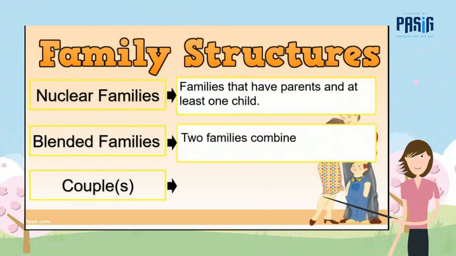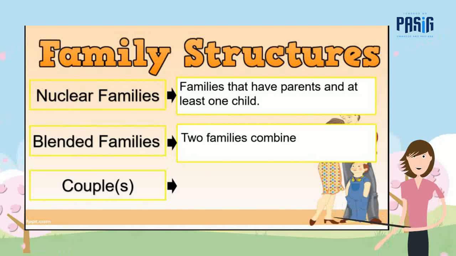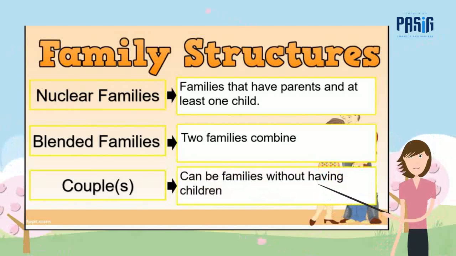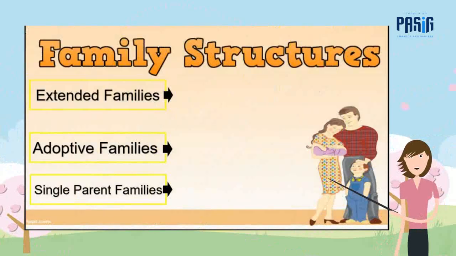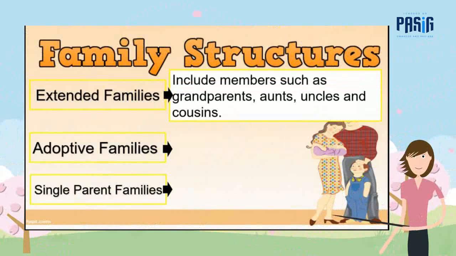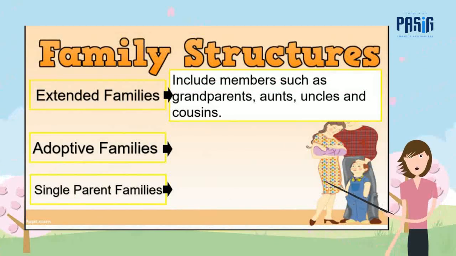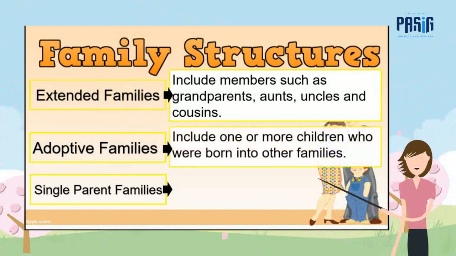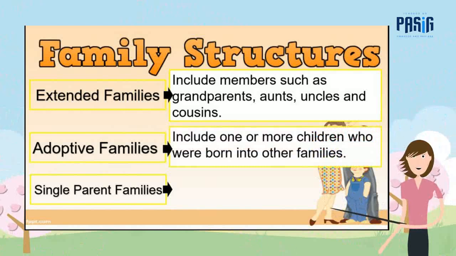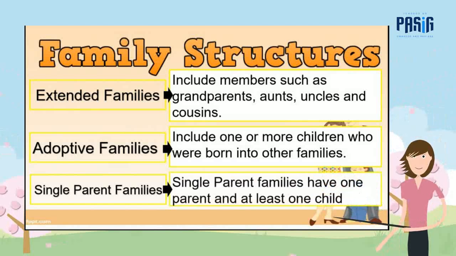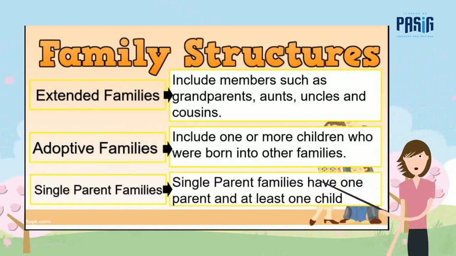Blended families, these are two families combined. Couples can be families without having children. Extended family includes members such as grandparents, aunts, uncles, and cousins. Adoptive families include one or more children who were born into other families. Single parent families have one parent and at least one child.